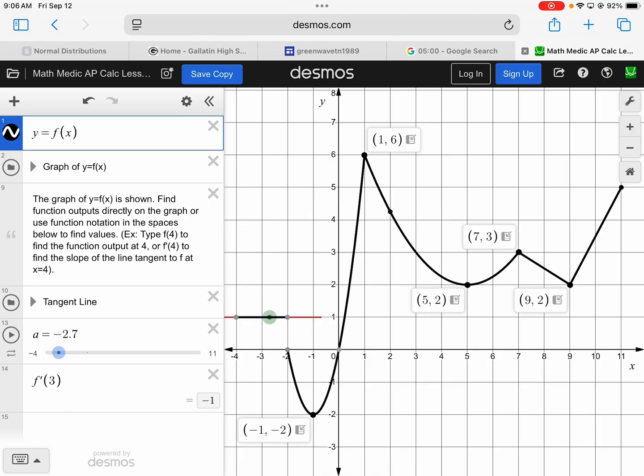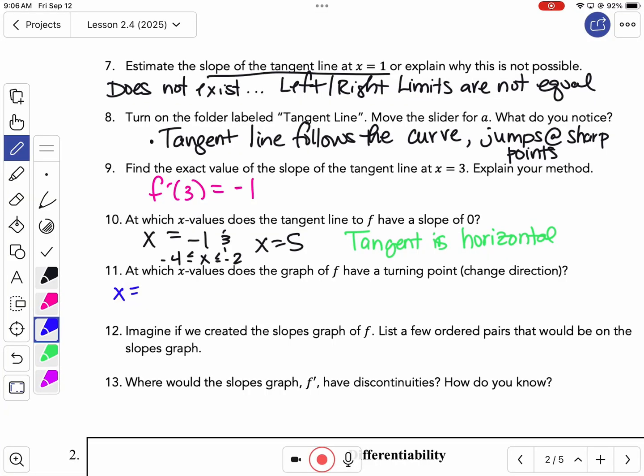So we have negative 1, 1, 5, 7, and 9. So where did we have those sharp turns?